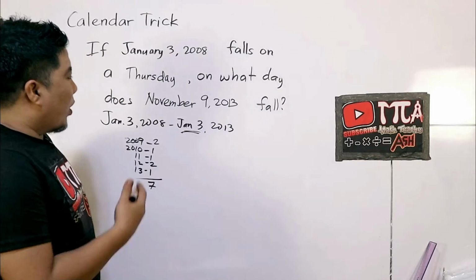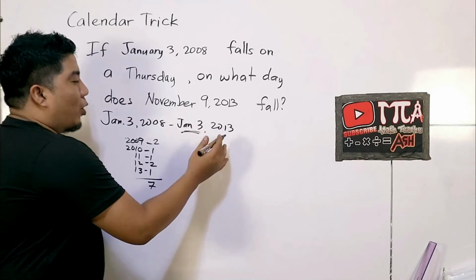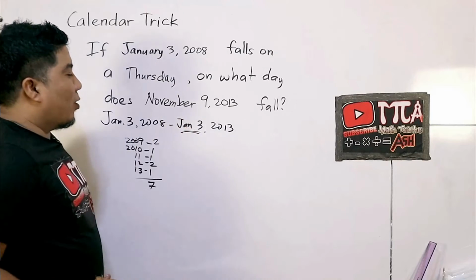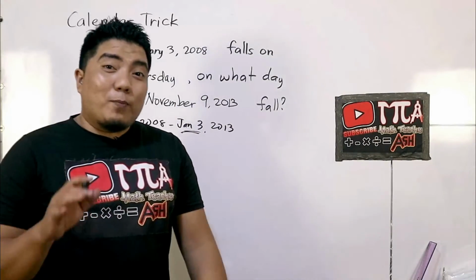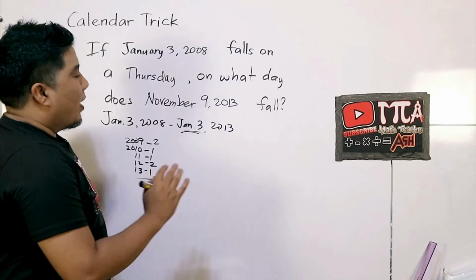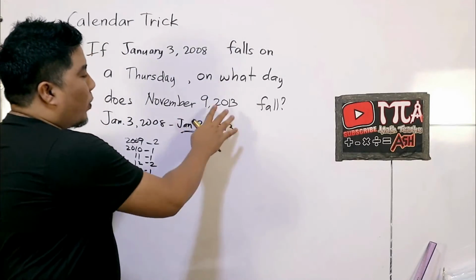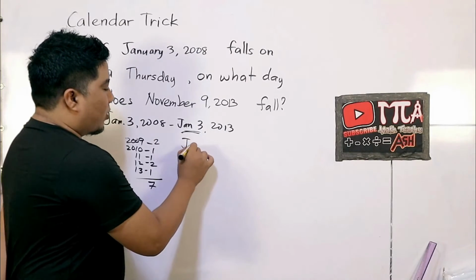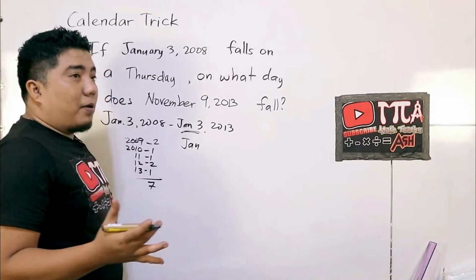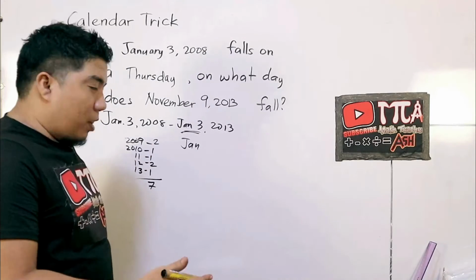Okay? So now, what we will do is to know what is the difference between January 3 going to November 9. Now, my dear math learners, as you can see, 2013 is not a leap year. So what we do here is we just write the number of days in each given month. Okay?